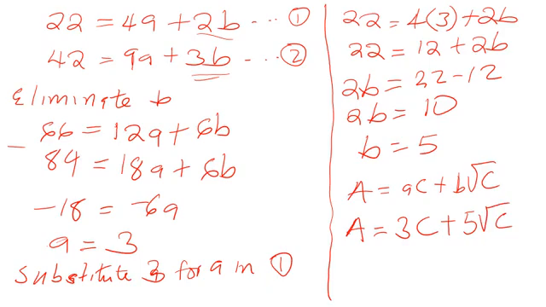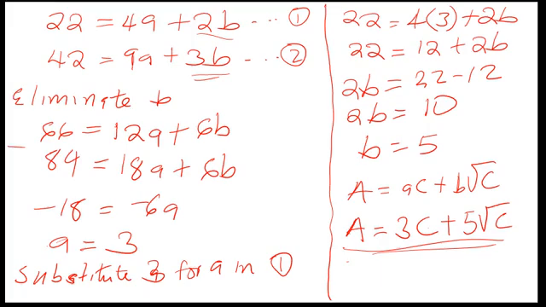This is the relationship between A and C. So if they want you to find the value of A, they need to give you C. If you put the value of C, you get the value of A. Or if they want you to find the value of C, you put A, then you find the value of C. It's as simple as that.